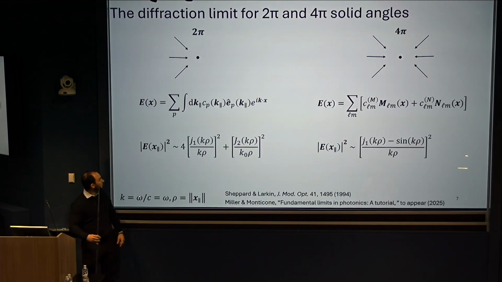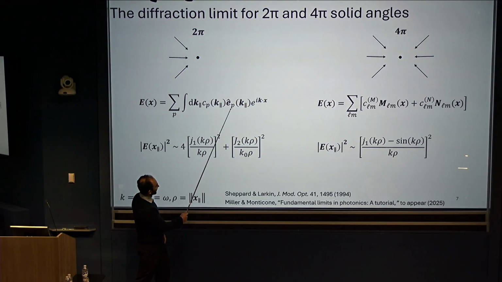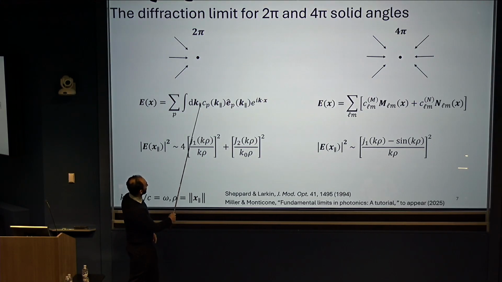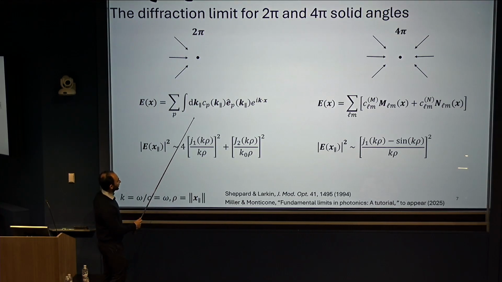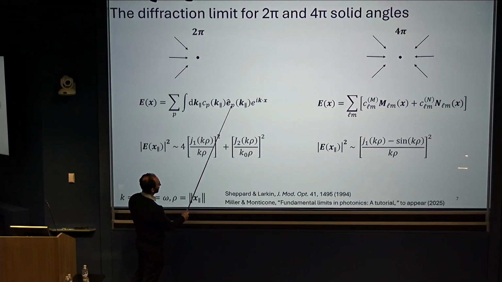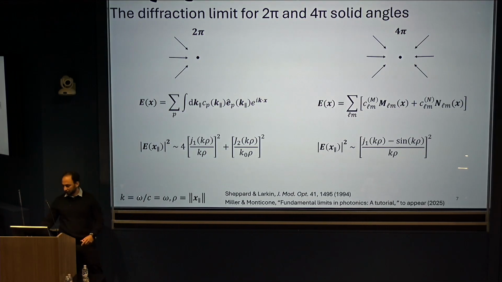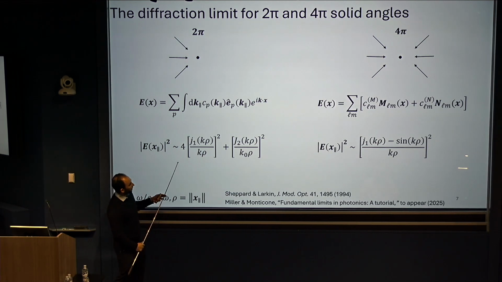In both cases, you can write down the electric field in some basis. In the 2 pi case, often you might do this in plane waves. There's a polarization vector for every plane wave, and maybe you get to specify these coefficients subject to a suitable normalization. If I evaluate the electric field at the origin, again, it's just going to be an inner product of these coefficients against a very simple constant, and you can immediately read off what the optimal set of plane wave coefficients should be, and you end up with this expression here.